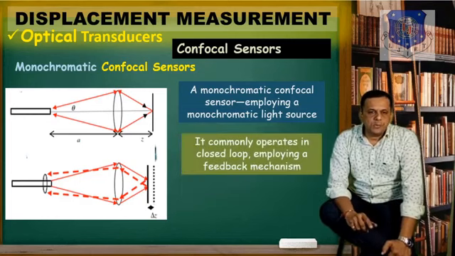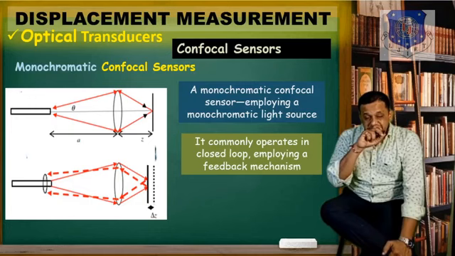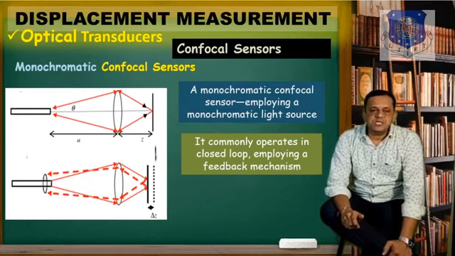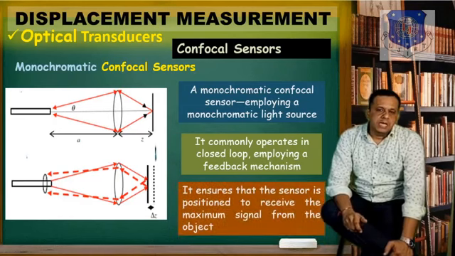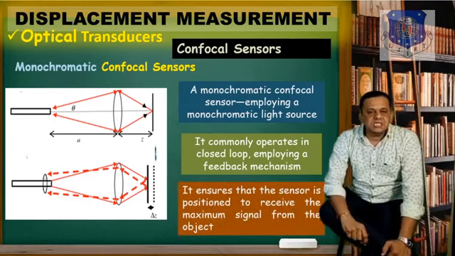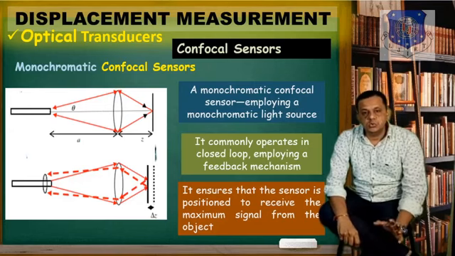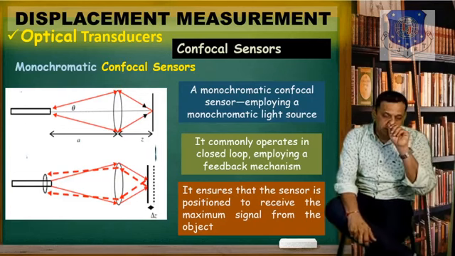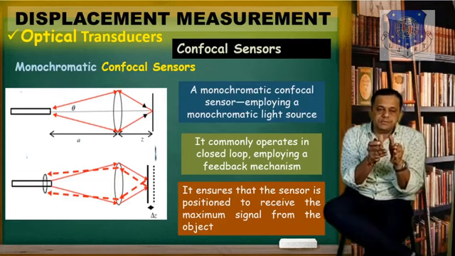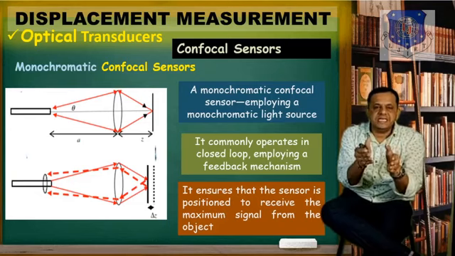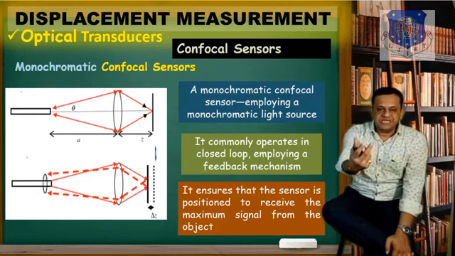It operates in a closed loop employing a feedback mechanism, so very sharp measurement can be done, and it ensures the sensor is positioned to receive the maximum signal from the object. So you have to keep the aperture emitting light in such a way that the maximum signal is received.